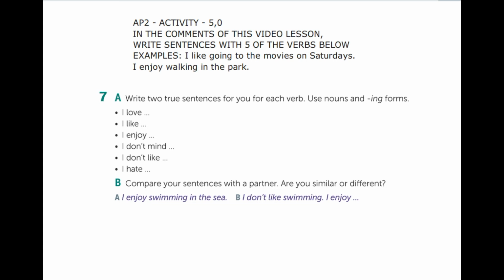We have I love, I like, I enjoy, I don't mind, I don't like, and I hate. You can use the complement of nouns, use nouns, or use the ing forms. The exercise is asking you to write only 2, but I'm asking you to write 5 sentences using 5 of these verbs, right? We have 6 verbs here.